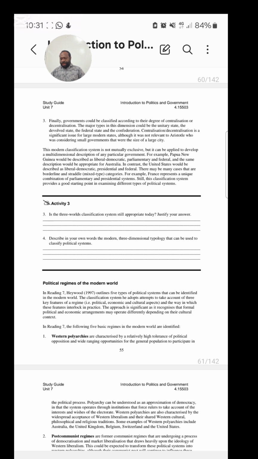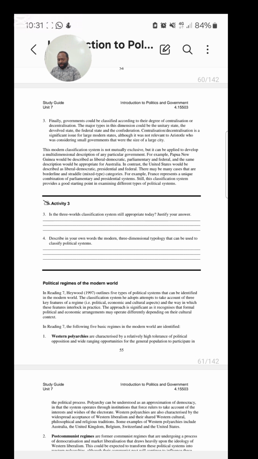So this classification of government looks at whether the state has more power centralizing its authority, or the state is decentralized, meaning that powers are moved away to the provinces.